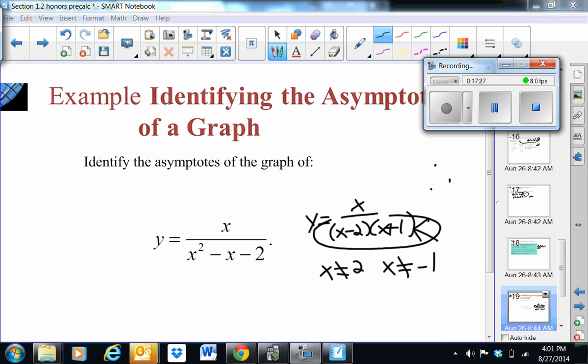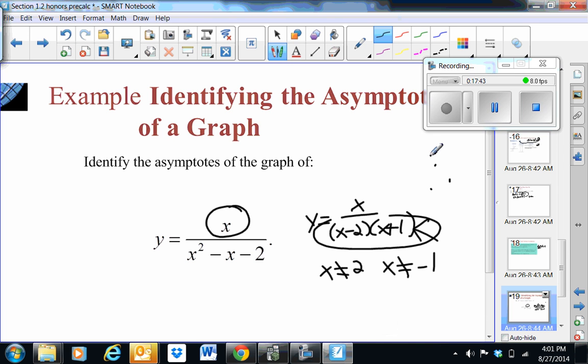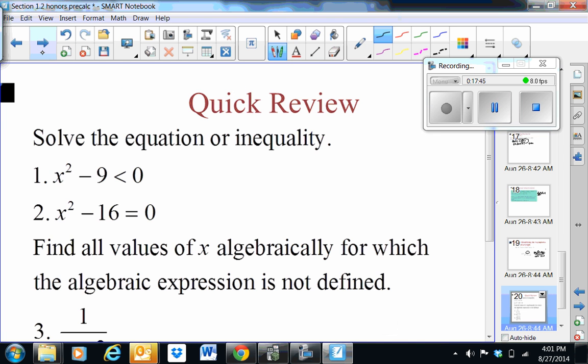I wish there was a way I could go back and delete what I just said, but I cannot. Y can equal 0 because if x equals 0, y will equal 0. So we see from our graph that it is crossing the y-axis right here. So there are no horizontal asymptotes in this case.